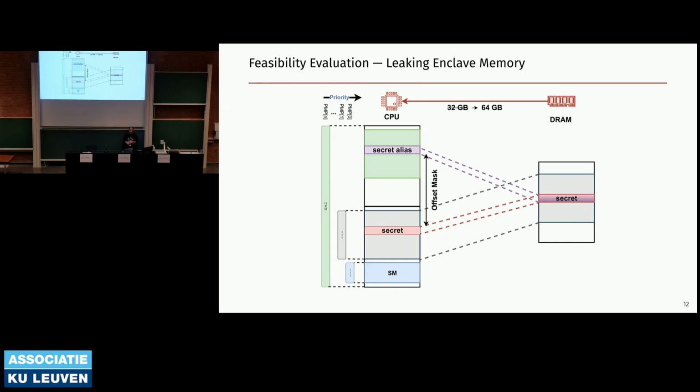But we also have the aliased space that corresponds to that enclave. Basically, to calculate that alias space, all we need to do is calculate the offset mask, and we can use that offset mask to find the alias for a physical address. This way, we can leak arbitrary memory of the enclave.